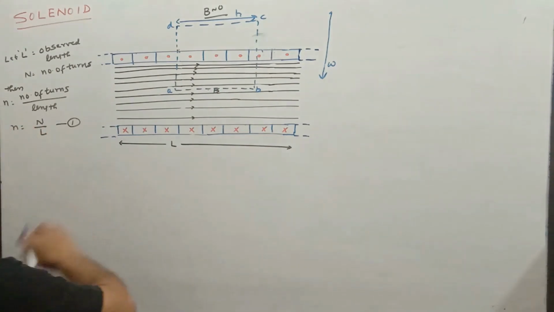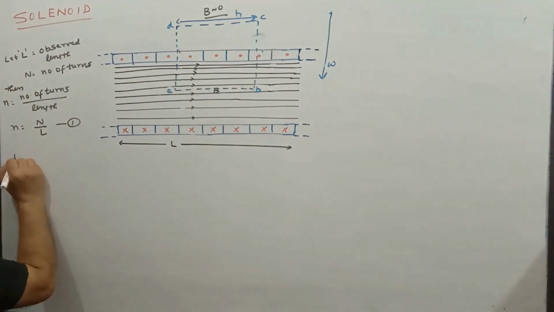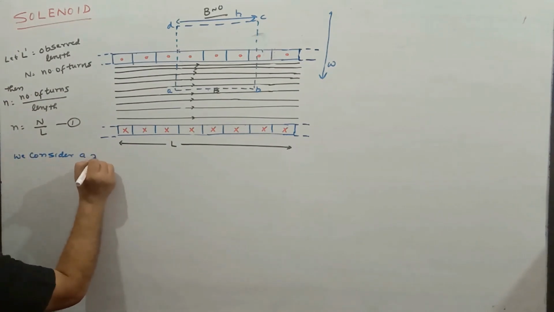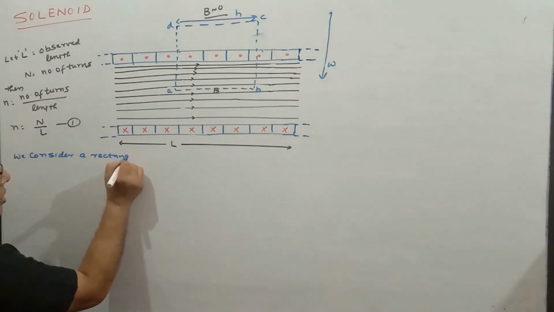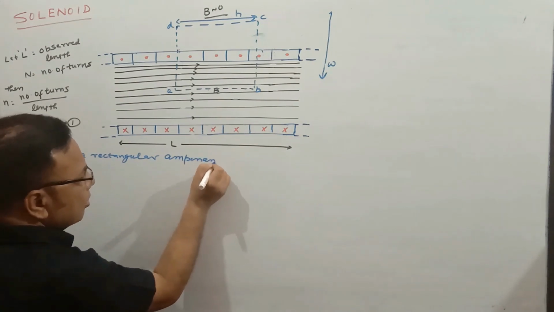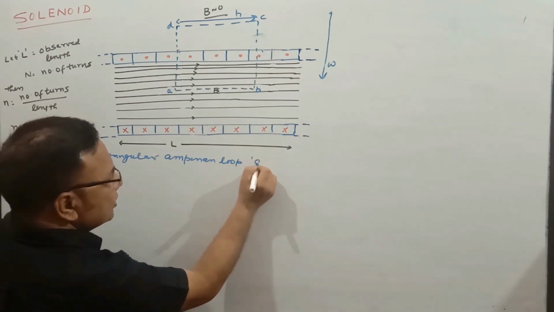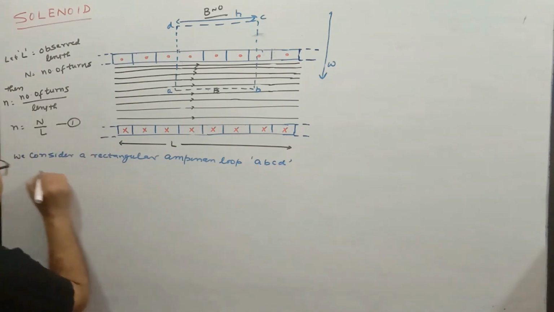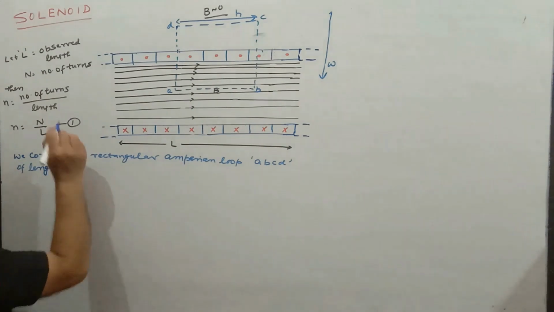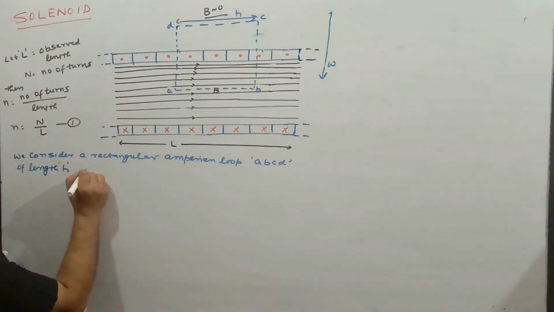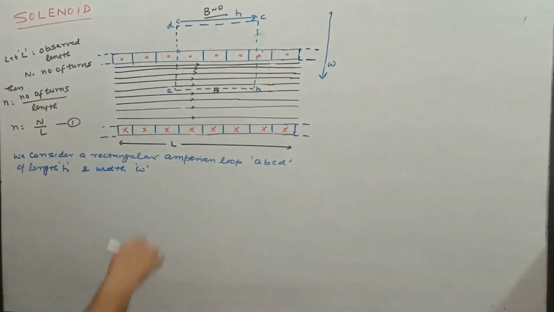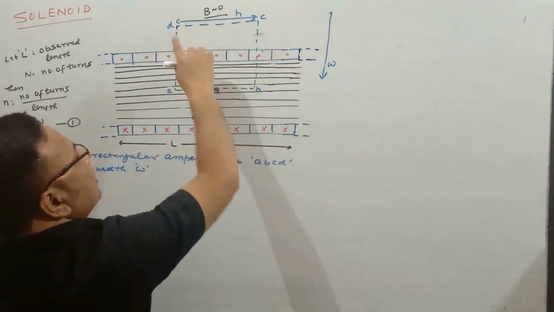So in this case, we consider a rectangular Amperian loop A, B, C, D of length h and width w, as shown. Here this part is inside and the rest of the part outside.